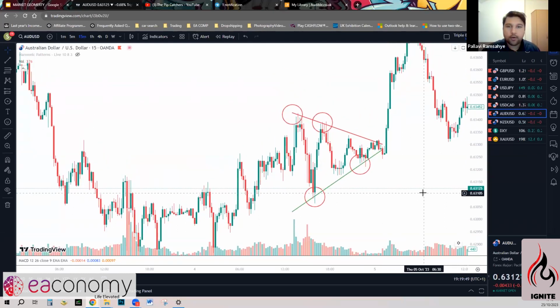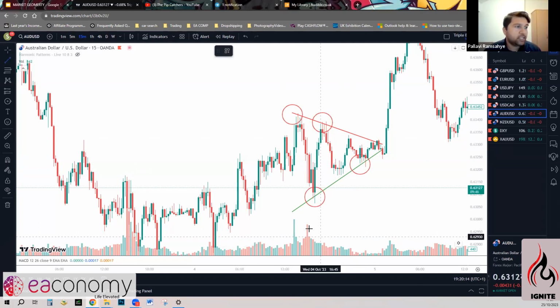Can anybody point out anything else we would be looking for with regards to this pattern? I'll give you a hint: it has to do with the volume. There are a couple of things we can look for to validate this pattern. The first is decreasing volume.